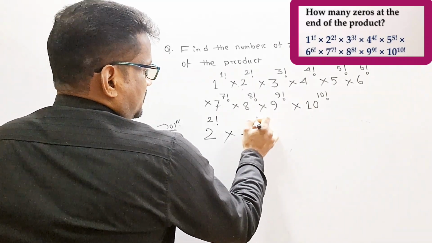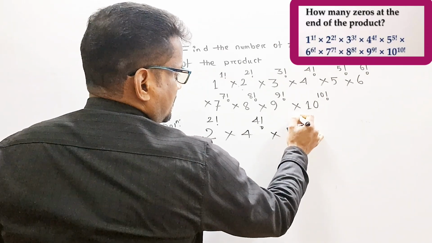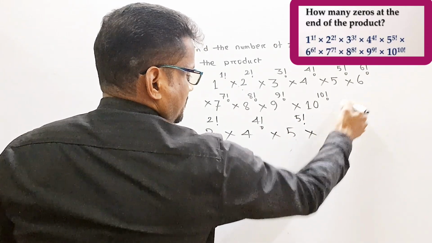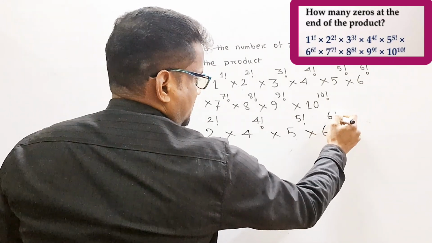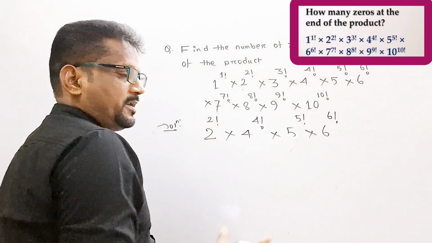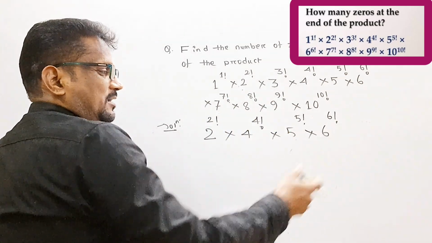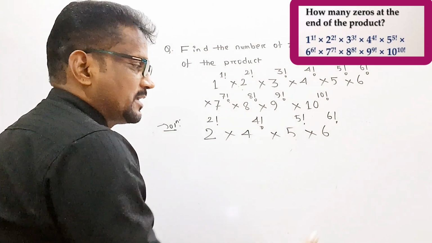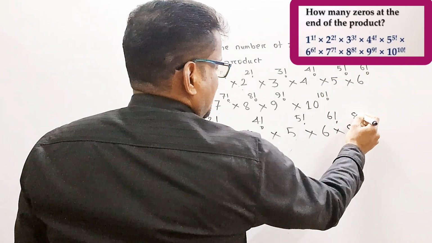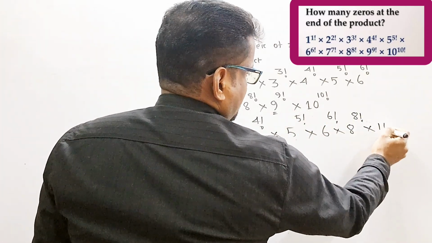Okay, 4 to the power 4 factorial. Next 5 is there, 5 to the power 5 factorial. 6 is 2 into 3, so 6 to the power 6 factorial. Then 7 to the power 7 factorial, meaningless in this question because it will contribute nothing for the zeros at the end. So we need next 8 to the power 8 factorial, 9 is not required, into 10 to the power 10 factorial.